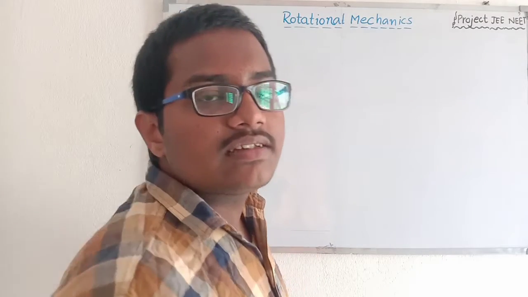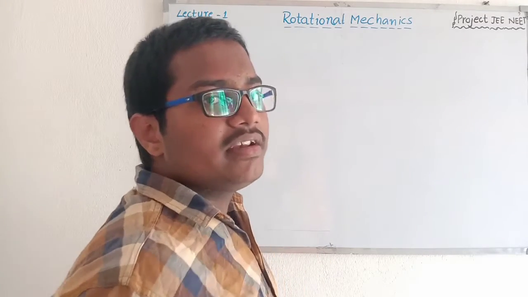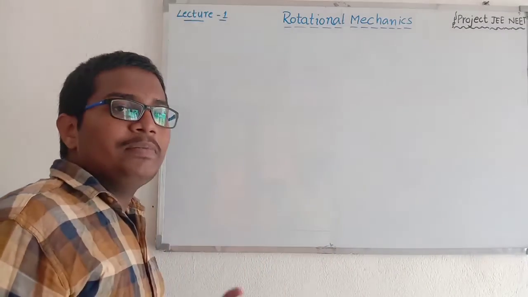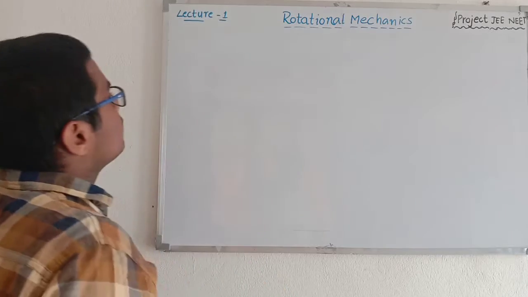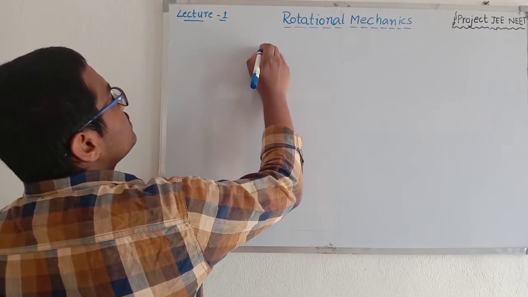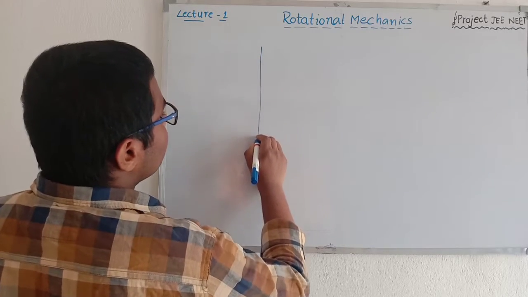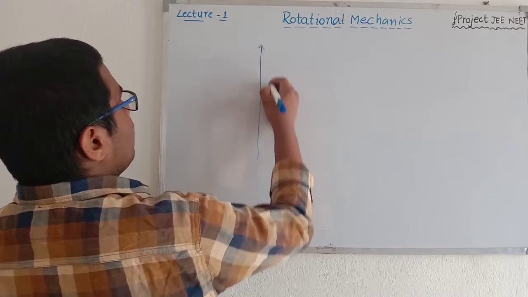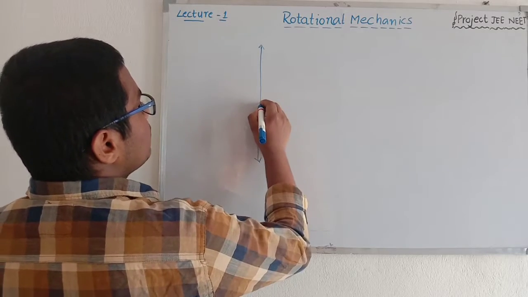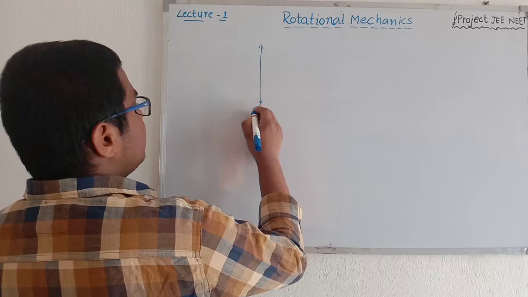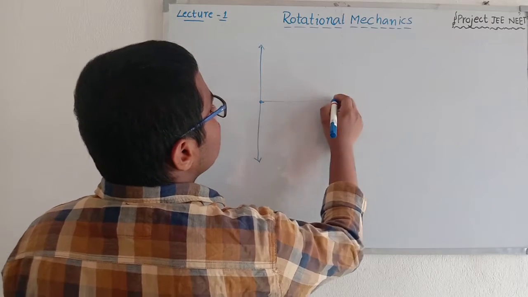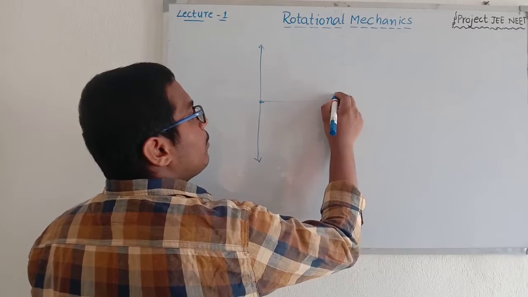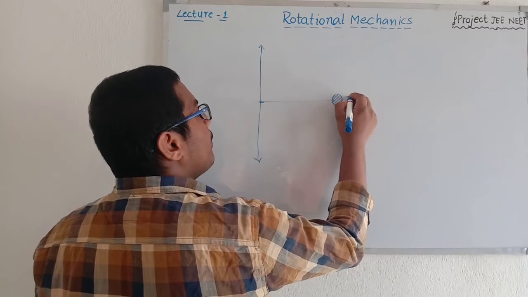So in the previous discussion, we have completed the basic definition of moment of inertia. For now, let's go to the first case. For example, assume this as an axis, this as the center. Assume this particle of mass m.